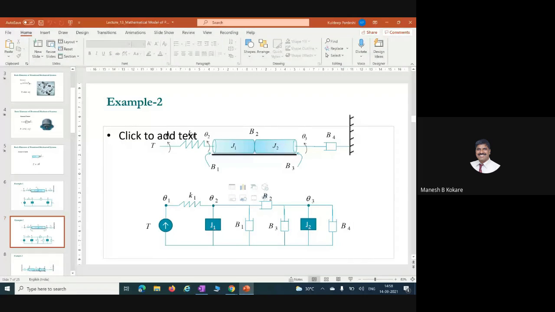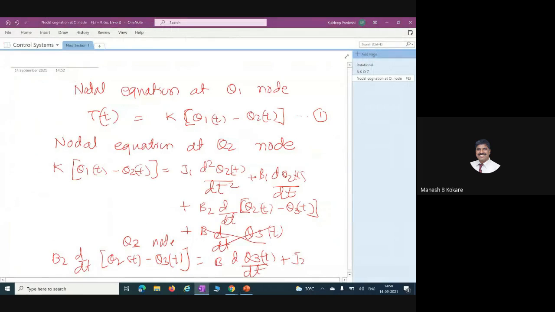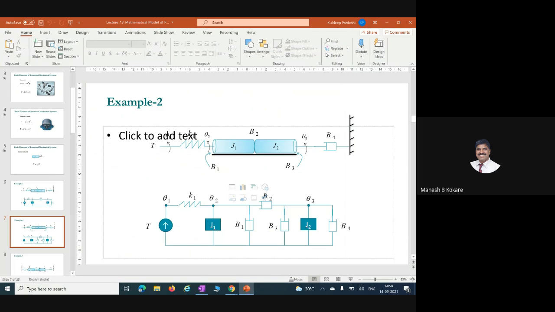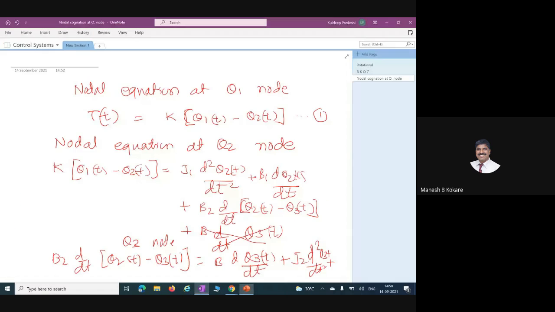For J2, the equation is J2 into d2 theta 3 by dt square, plus the last one, B4, so B4 into d theta 3 of t by dt. So that will be the total equation at node 3, right?